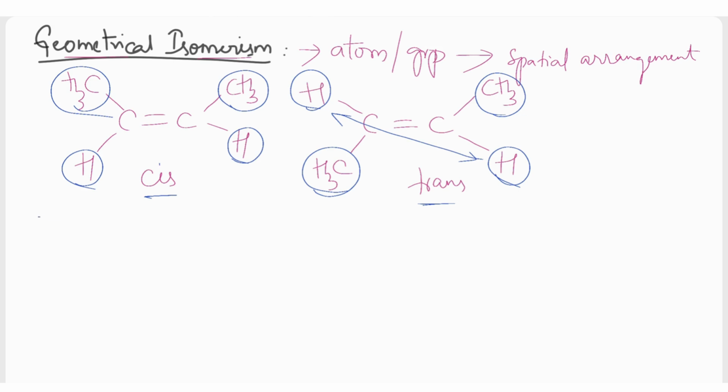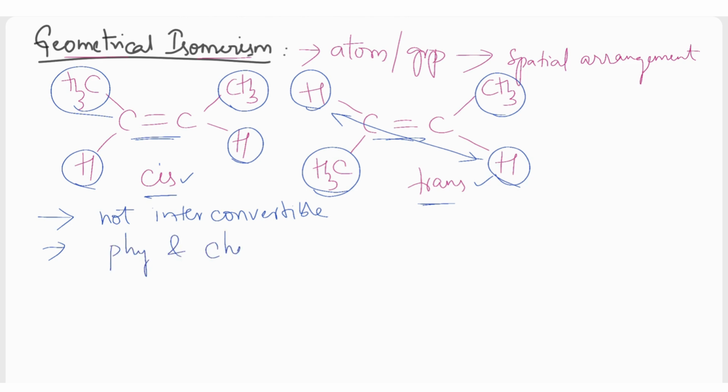These cis and trans isomers are not interconvertible, because of the restricted double bond present in the center. Cis and trans are completely different molecules. As they are completely different, their physical and chemical properties will vary.